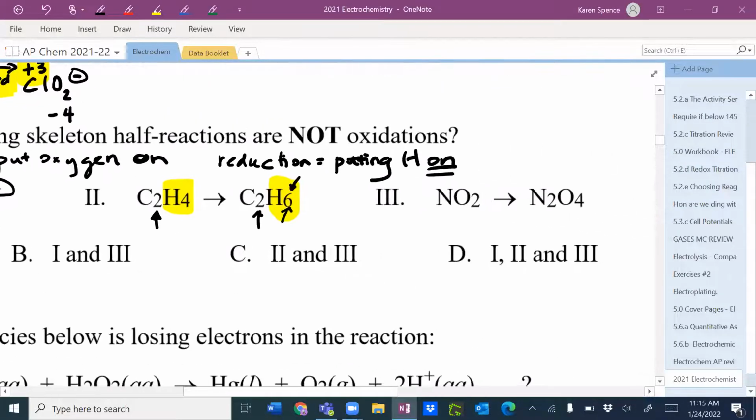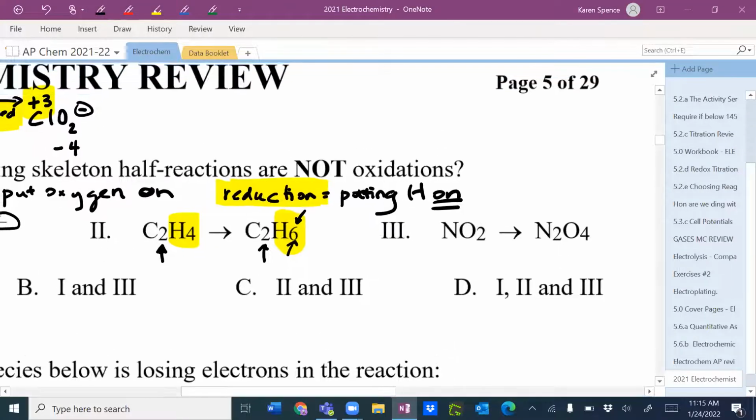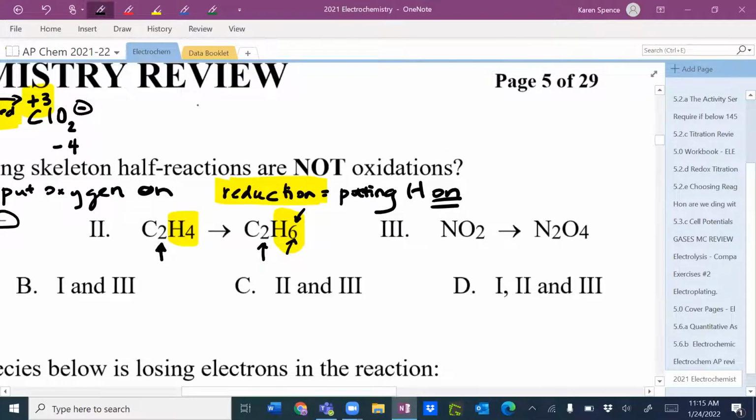And here we have a reduction. And again, if you want to, you can do it by finding oxidation numbers. Instead, you have 2 carbons, 4 hydrogens. Oxidation number of hydrogen is +1.